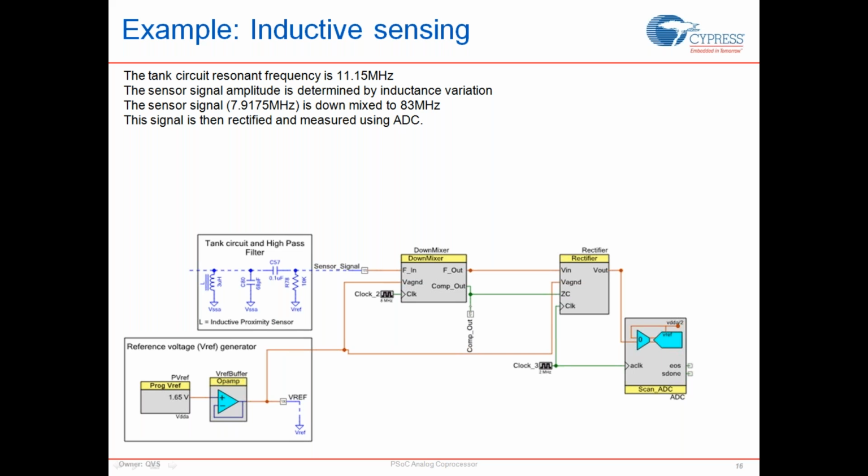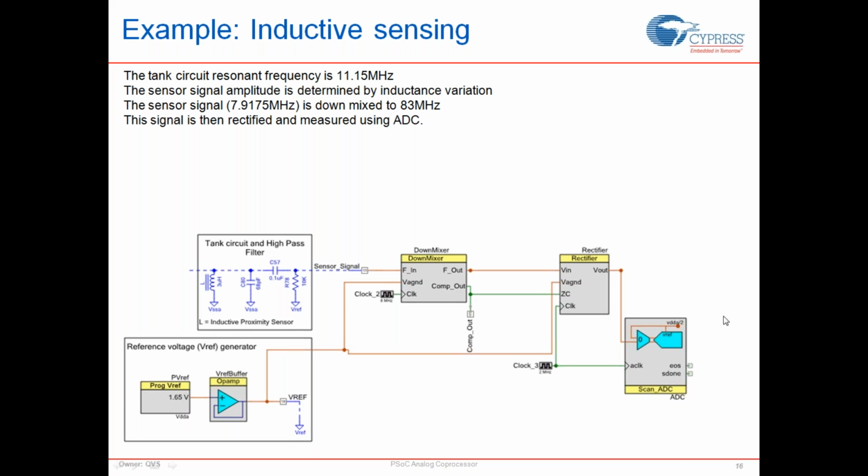So now how do I measure the amplitude of this output frequency that is coming out? First of all, I want to make sure that is the right frequency I'm measuring, and also measure the amplitude of that frequency. So first to discriminate the frequency, we use a down mixer with an 8 megahertz input, or the local oscillator clock is 8 megahertz.